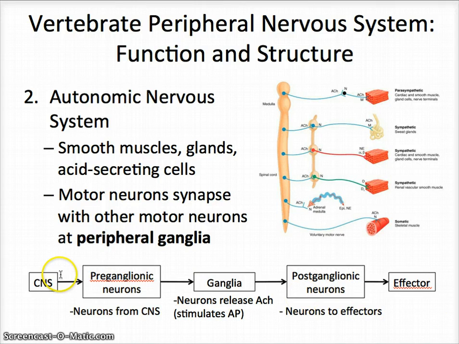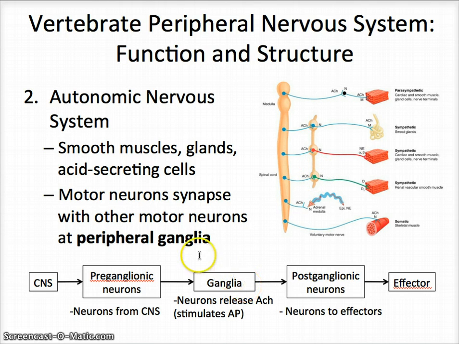If you follow along on this flow chart down here, you can see that it shows the same thing as what's in these pictures. You've got your nerve extending from the central nervous system, in this case the spinal cord, and this is what is called a preganglionic neuron, which communicates with a second nerve at what is called the ganglia.